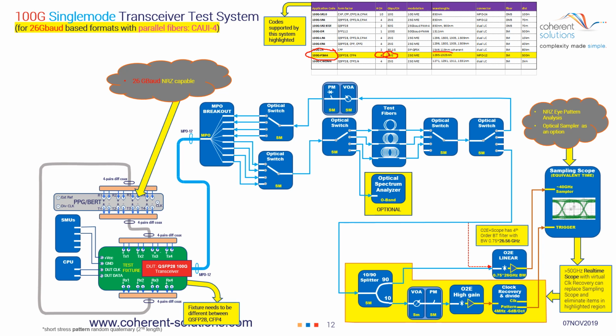It simply has a single laser that's anywhere within specifications, in this case 1300 nanometer. So this is very similar, except now instead of parallel multimode signals, we have parallel single mode signals, but then it requires a similar kind of breakout, again similar kinds of optical switches, and ultimately is going to be tested by the oscilloscope for the NRZ pattern.